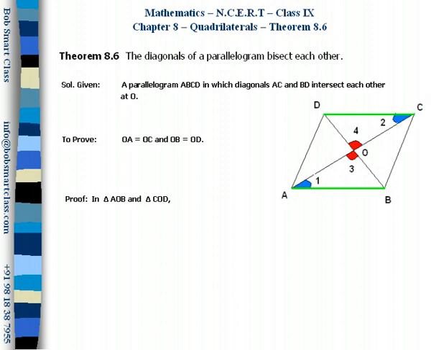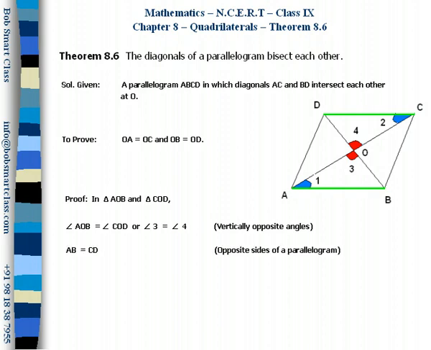angle AOB equals angle COD, or angle 3 equals angle 4, because they are vertically opposite angles. And AB equals CD because they are opposite sides of a parallelogram, which are always equal and parallel.